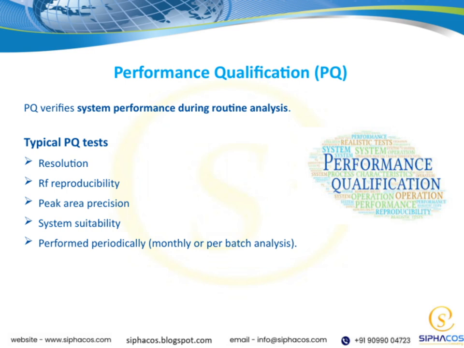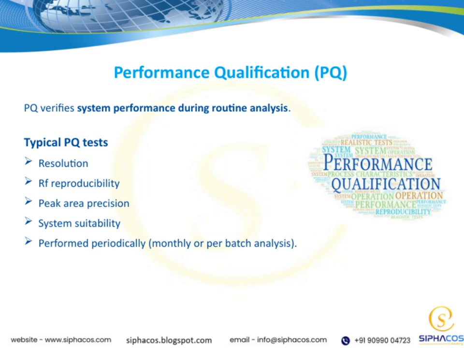First, resolution, which measures how well our system can separate different compounds. Next is RF reproducibility, making sure that the RF values are consistent across tests. Then, there's peak area precision, which confirms that our measurements of peak areas are precise and reproducible.